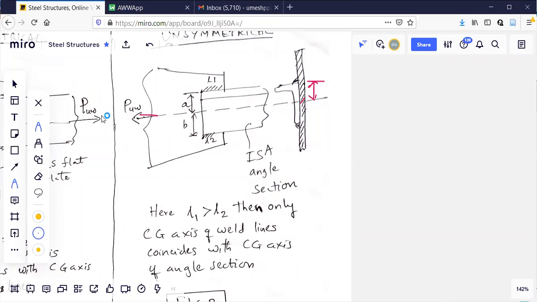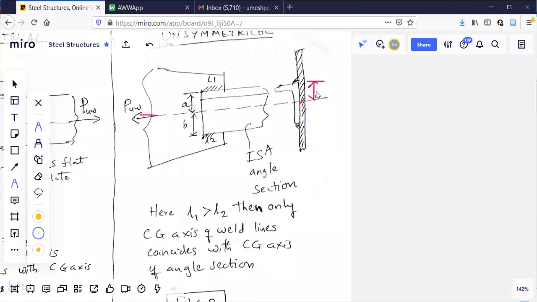Again, the next part will be for higher advanced steel structures. Even the weld can be subjected to moments also, but in this syllabus, only axial forces are acting on the welds. Now, since this load line has to pass through the centroid of the angle section, it is not exactly in the middle.